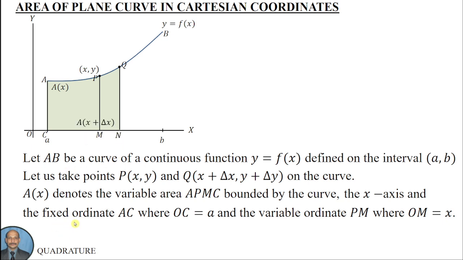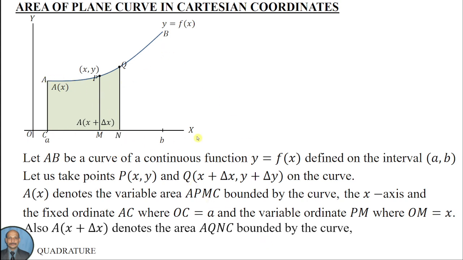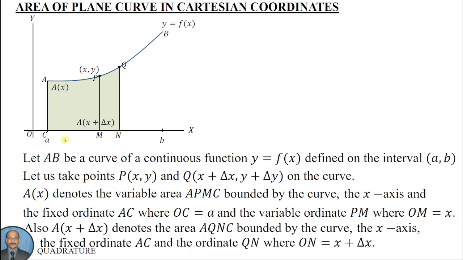So A(x plus delta x) denotes the area of the region AQNC bounded by the curve, the x-axis, the fixed ordinate AC, and the other ordinate QN, where ON is equal to x plus delta x.